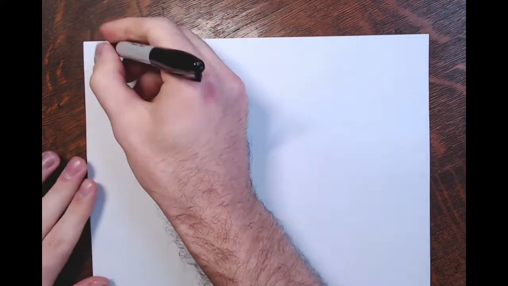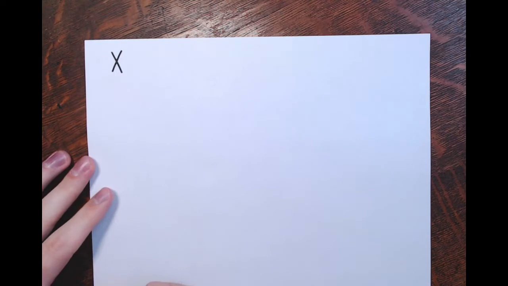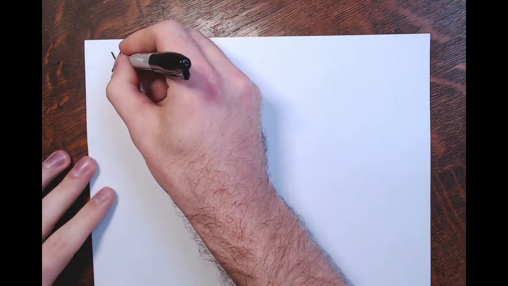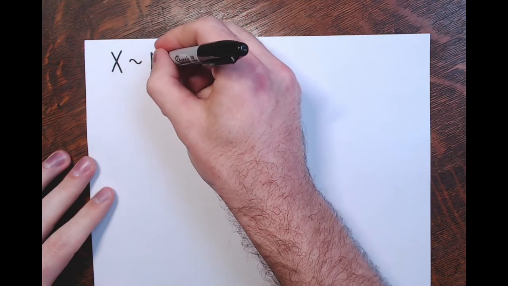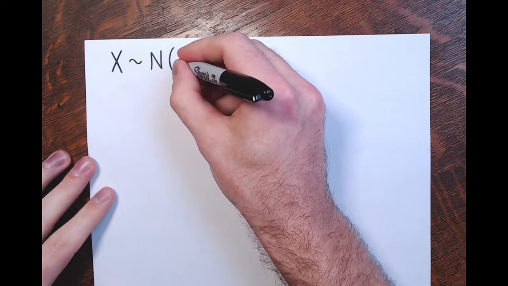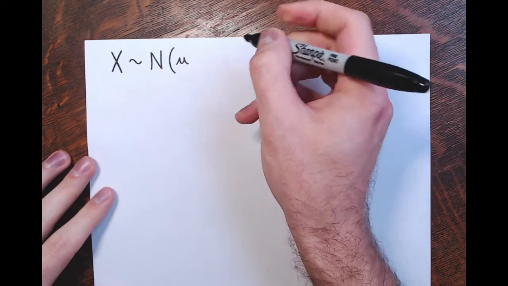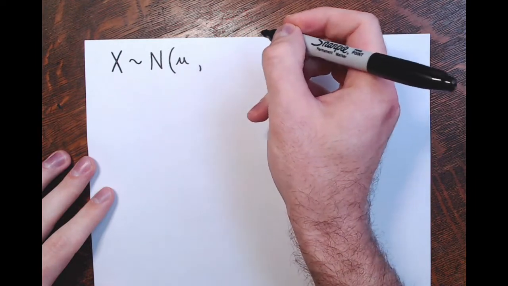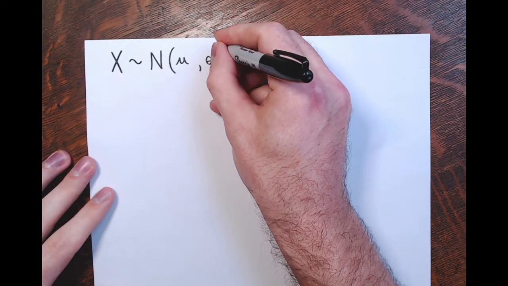So remember, suppose that we have a random variable X, and I've drawn this picture in previous videos, my last video actually in section 6.1. And suppose this random variable X is normally distributed. Remember the notation for this, the capital N there, with a mean value of mu or mu sub x and a standard deviation of sigma or sigma sub x, either way.